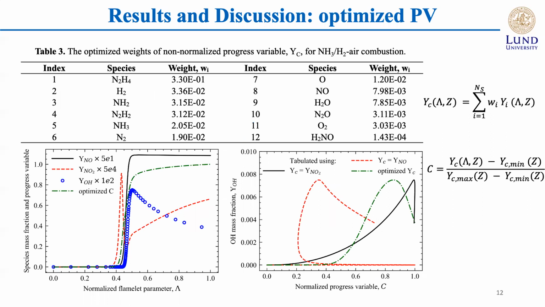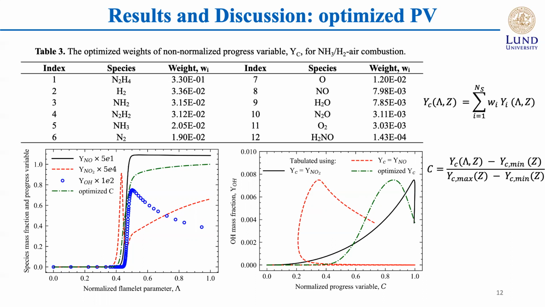The final part shows some results. First, we got an optimized progress variable, which has 12 non-zero weights shown in table 3. The other species are zero weighted as we use L1 regularization. The bottom left figure shows the species mass fractions before tabulation.